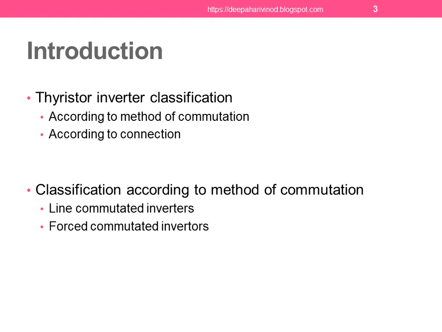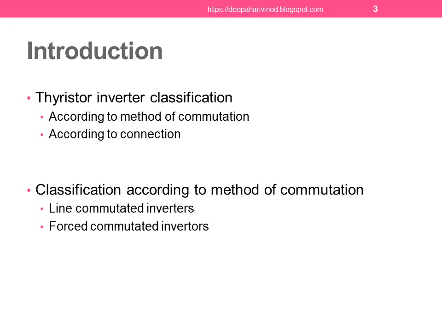Some external source is required to commutate the device, called the forced commutation process, and this type of inverter is called a forced commutated inverter. As it is forcefully commutated, this type of inverter requires complicated external circuits for commutation.